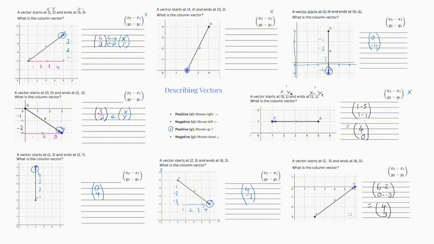Following this formula, our x2 is 1 and our x1 is 5, so 1 minus 5. The other one is y2, which is 1, and y1 is 1. 1 minus 5 is -4, and 1 minus 1 is 0. So there's your column vector.